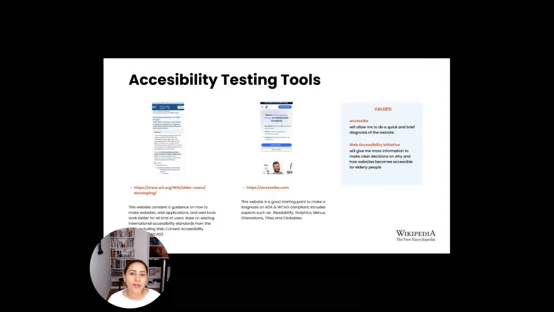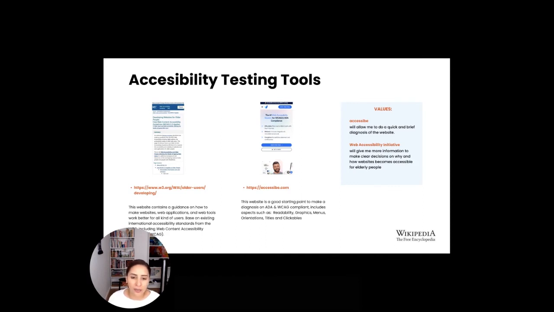Then I would like to do some testing with accessibility tools. W3.org is a great website that contains guidance on how to make websites and web applications, and what tools work better for all kinds of users.